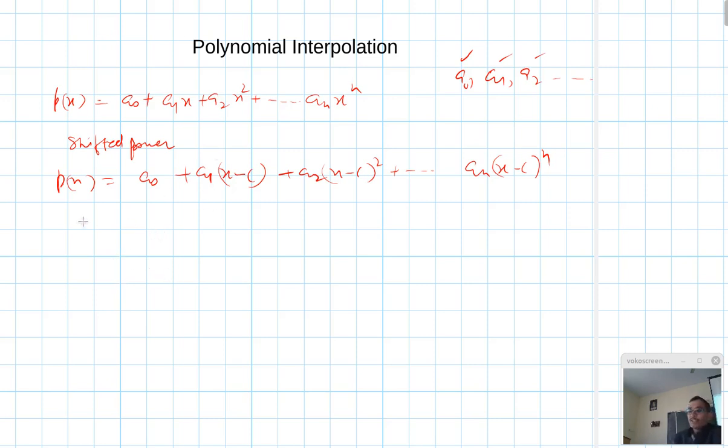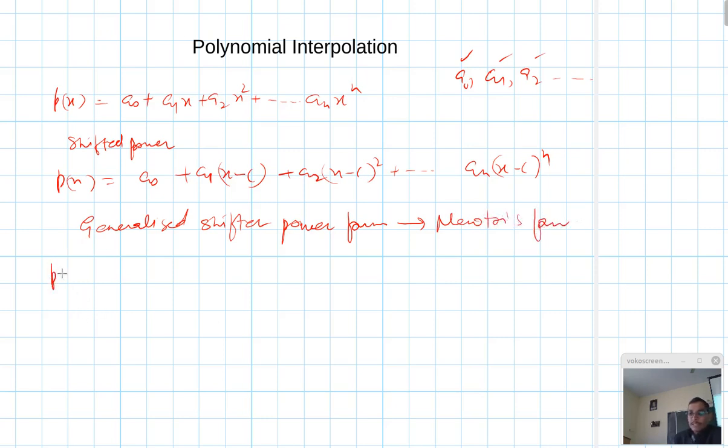So there is another way to write down a polynomial. It is the generalized shifted power form, and this is known as Newton's form.